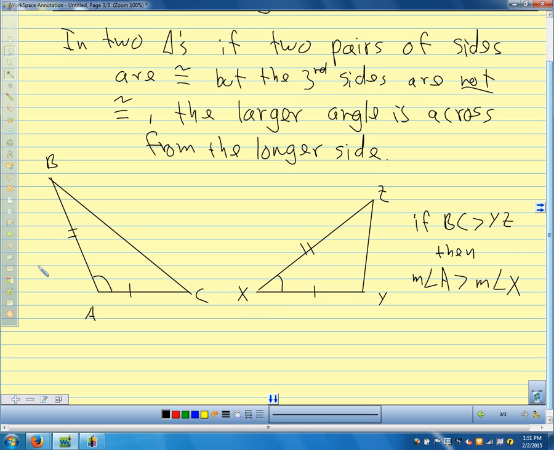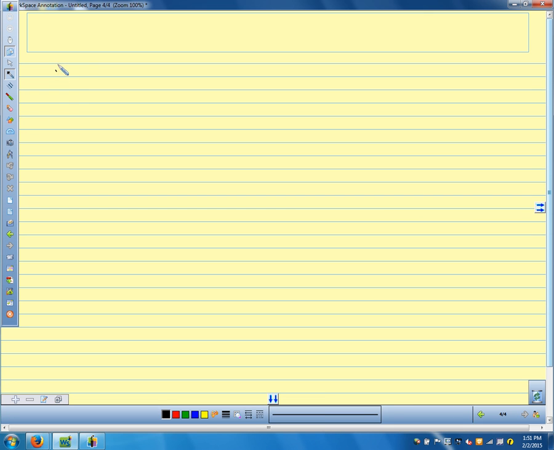Okay, let's look at how we are going to use it. So here's my two triangles.